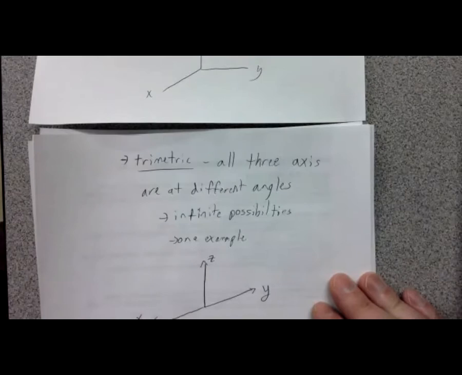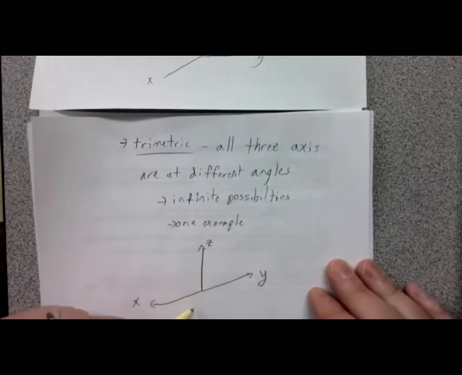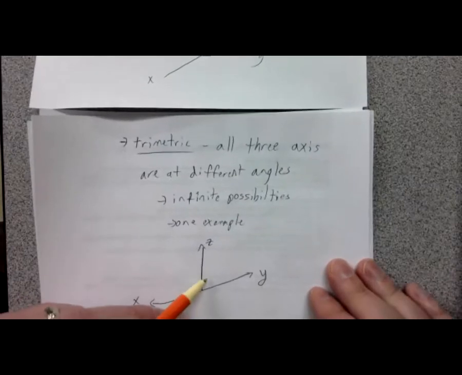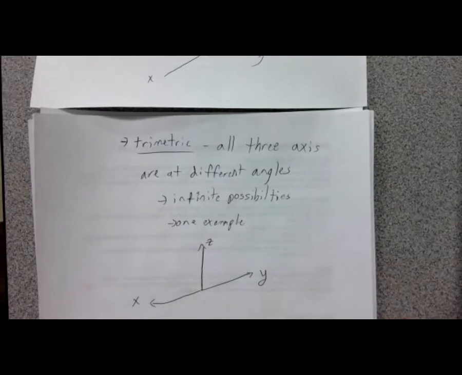Notice the angle between these axes as I've drawn them here: this is roughly 180 degrees, this is less than 90 and this is greater than 90. Any configuration where the angle between all three of these axes is different is a trimetric configuration. This is definitely not the most common trimetric, but it's kind of an extreme. Now in the real world, all of these axes are at 90 degrees to each other.